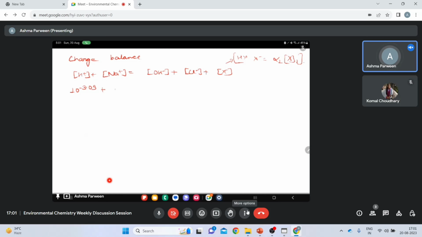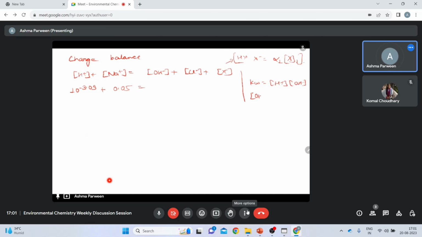We have sodium concentration as 0.05. Kw is H plus into OH minus, so OH minus will be Kw upon H plus. So 10 raised to power minus 14 upon H plus, which is already given, 10 raised to power minus 3.09. Cl minus is given as 0.05, and X minus we will write as alpha 1 X total. So this and this will cancel out.